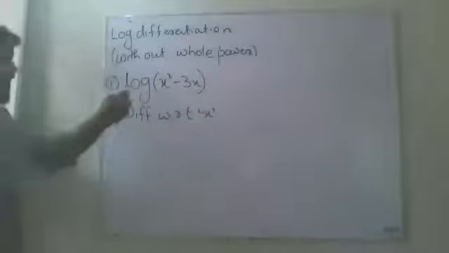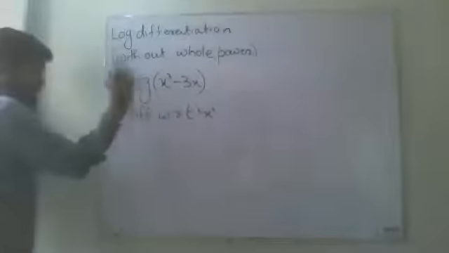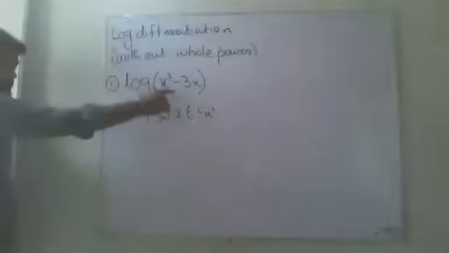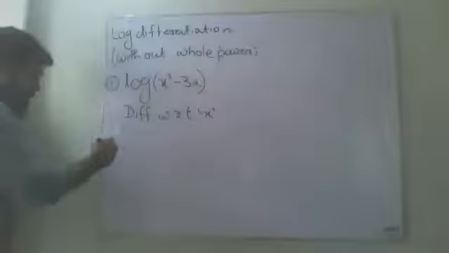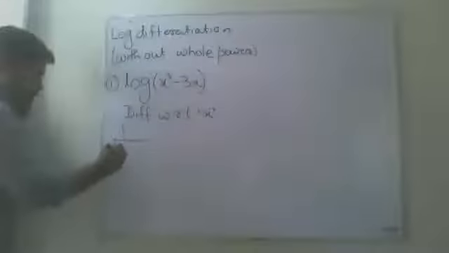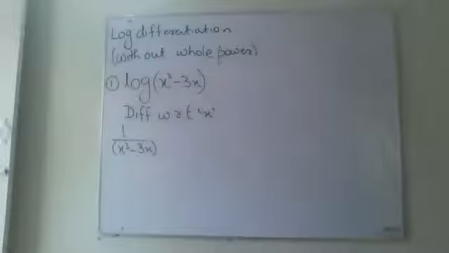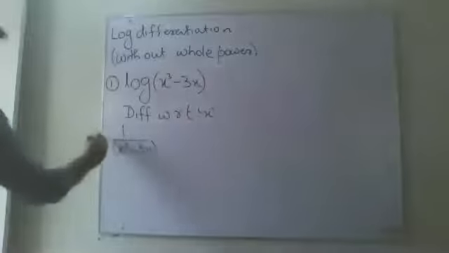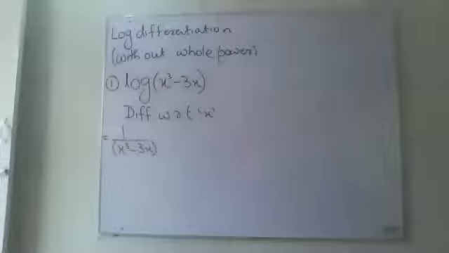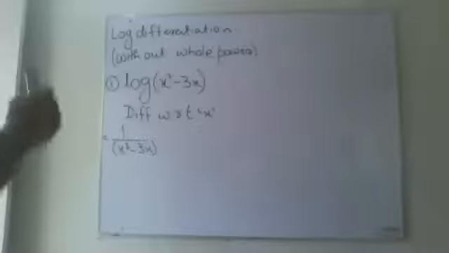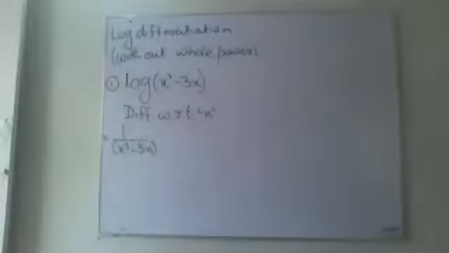So what I can do over here, first of all, first rule, the multiple of log will be written in reciprocal form, 1 over x cube minus 3x. I have done nothing, I have just written my log multiple in reciprocal form. Step number 2, differentiate your log multiple.